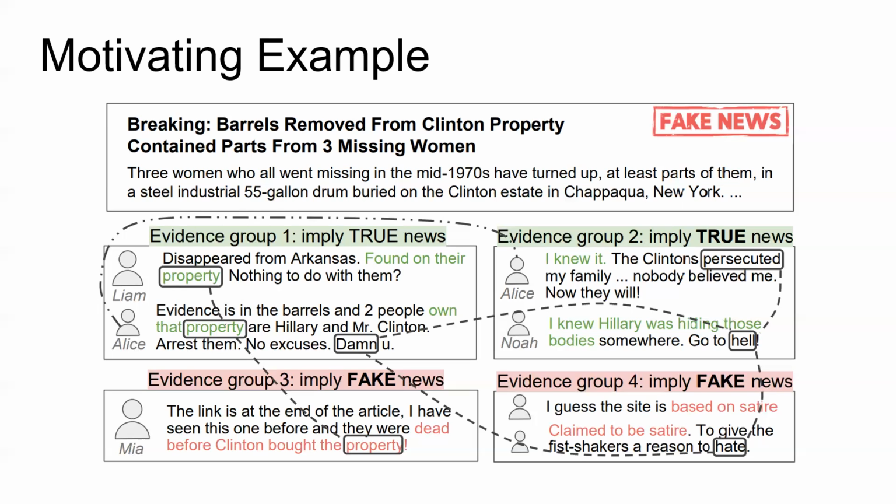For example, in evidence group one, there are words mentioned such as properties and words that are more explanatory, through which we can connect different evidence groups, such as DAMN and go to hell, which are more related to hate speech.